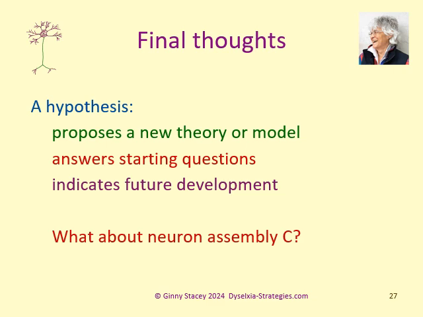So it had some starting questions, and the hypothesis has answered those starting questions. And it's indicating further development, looking at how we can search for the Assembly's C and use them to make a lot of problems really disappear. So that's future development.